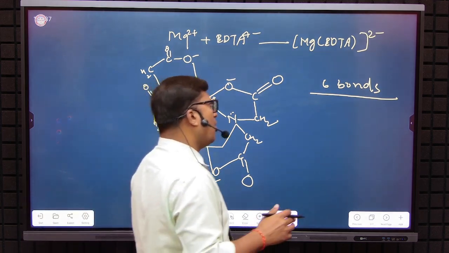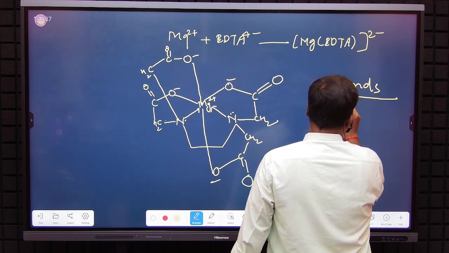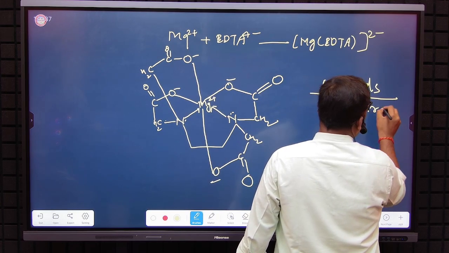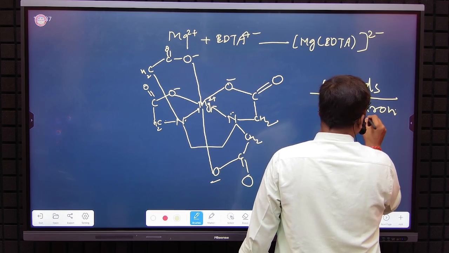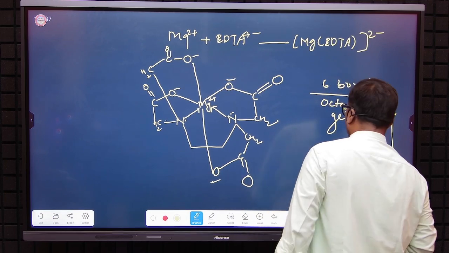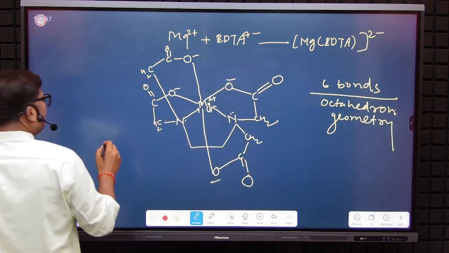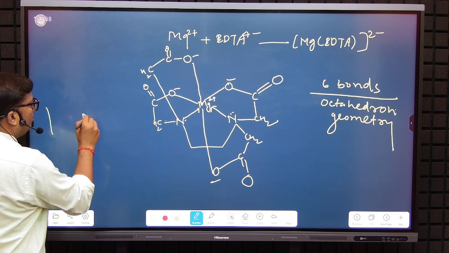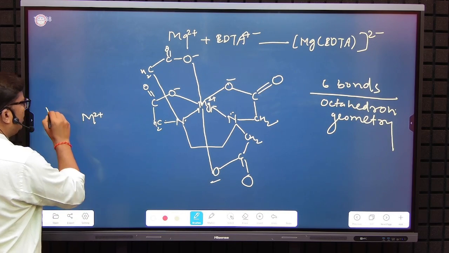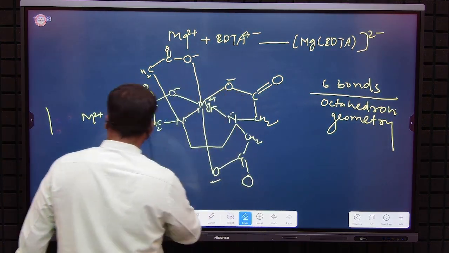So the complex actually exhibits octahedron geometry, right? Octahedron means, the simplest way, this is your metal in +2 state and 4 ligands.